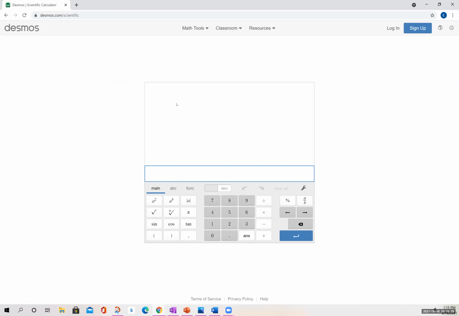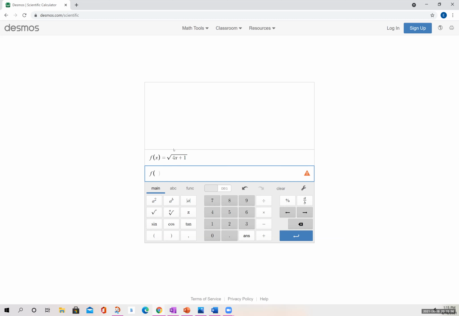I'm going to plug in our function that we're going to keep plugging in values for x. So f of x is equal to the square root, I could have used the symbol down here, 4x plus 1. So now I can plug in my x value to figure out what y is.